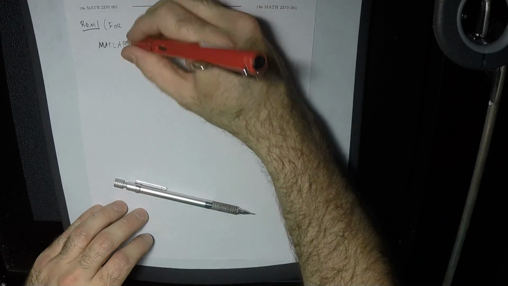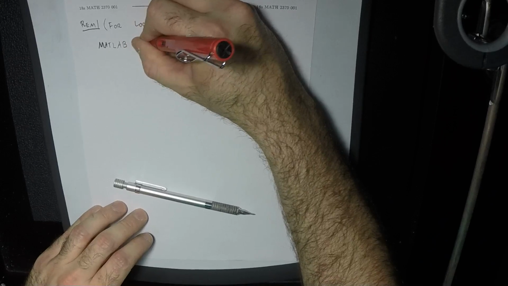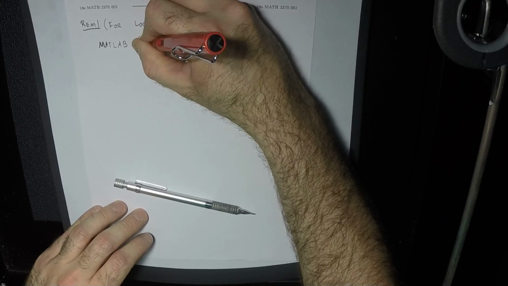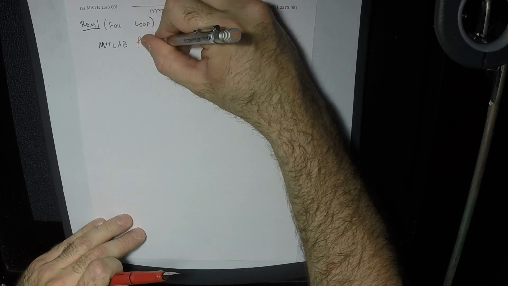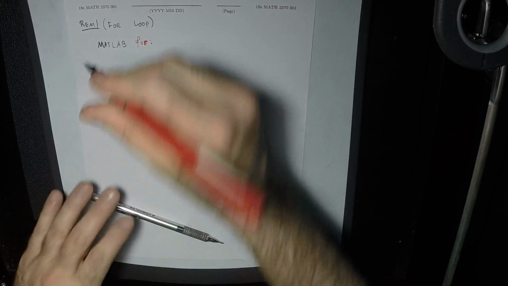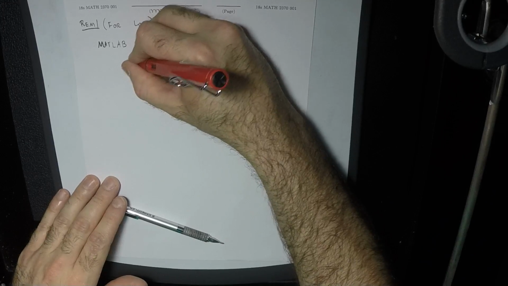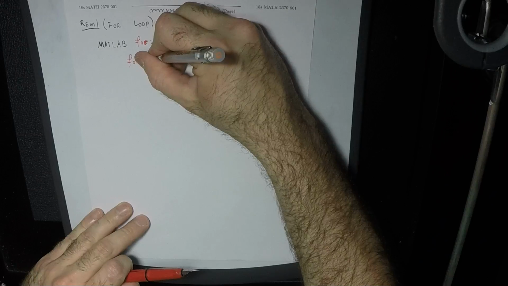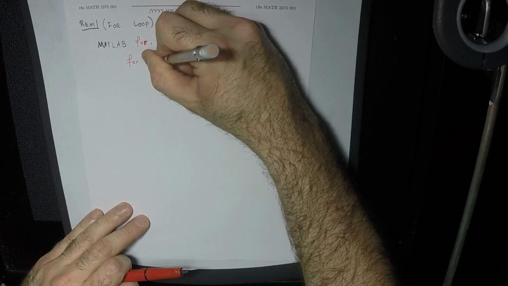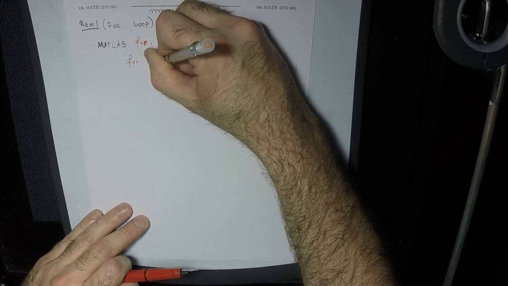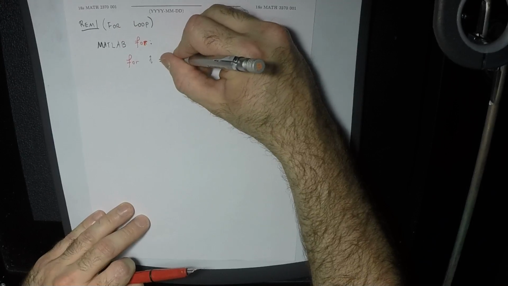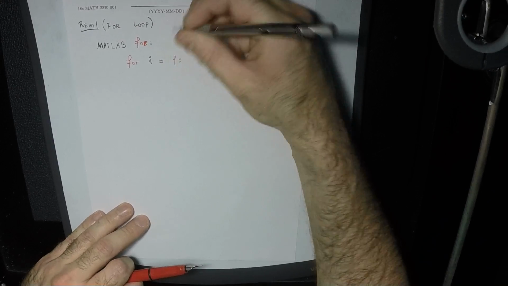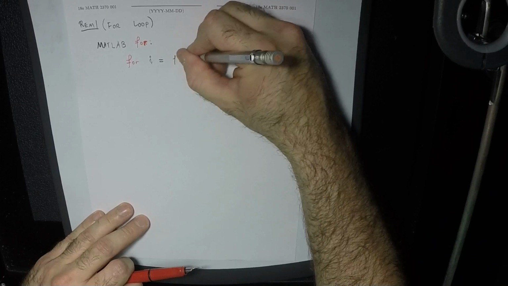So in MATLAB, there's a keyword called for, lowercase. And here's an example. So you could write for i equal, how about, I don't know, 1 to 5.